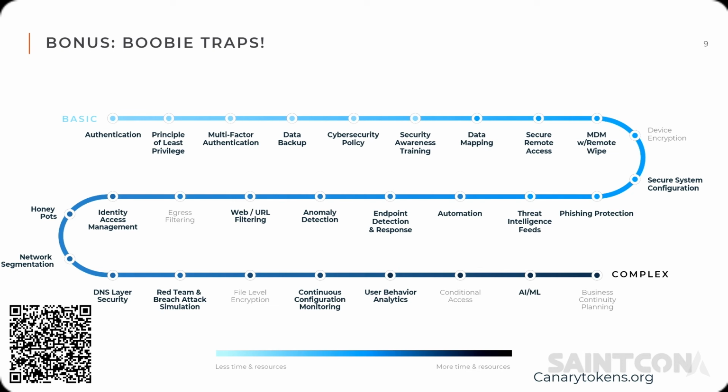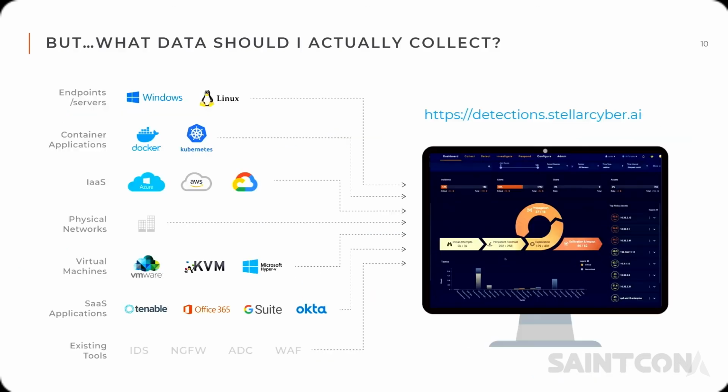And that is one of the ways that we're trying to extract the value out of some of these systems for our clients' security controls continuum. And I really haven't talked about any vendors so far, because you're probably wondering, well, what data should I actually collect? Do I need everything from everywhere? Well, no, actually.